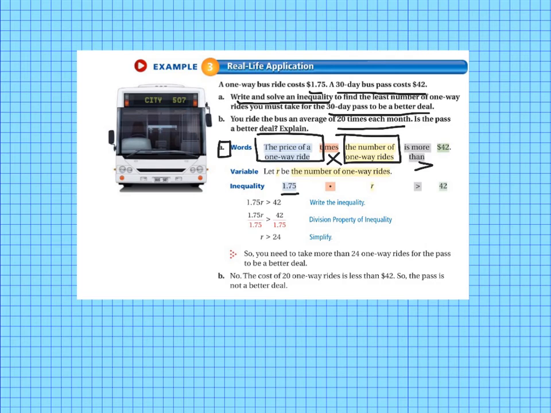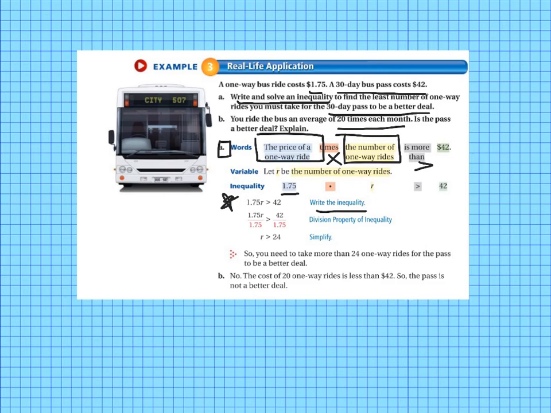So when we write the inequality, it looks like this. $1.75 R is greater than 42. So $1.75 times all the rides you take is going to be greater than $42 in order to make the bus pass a better deal.